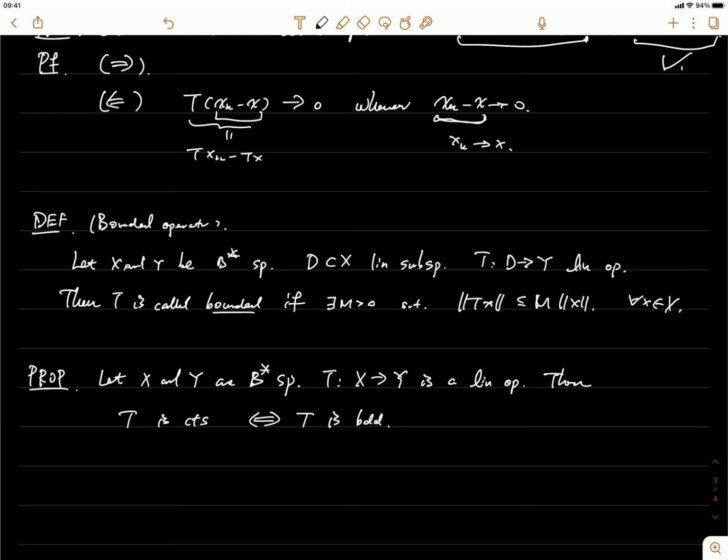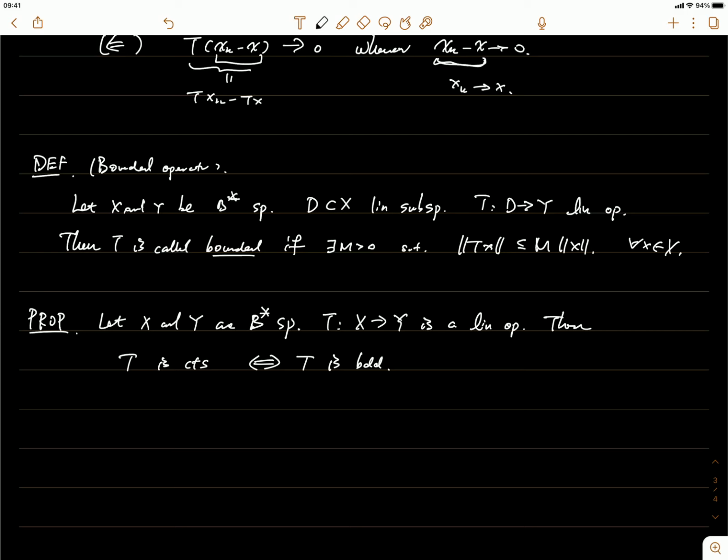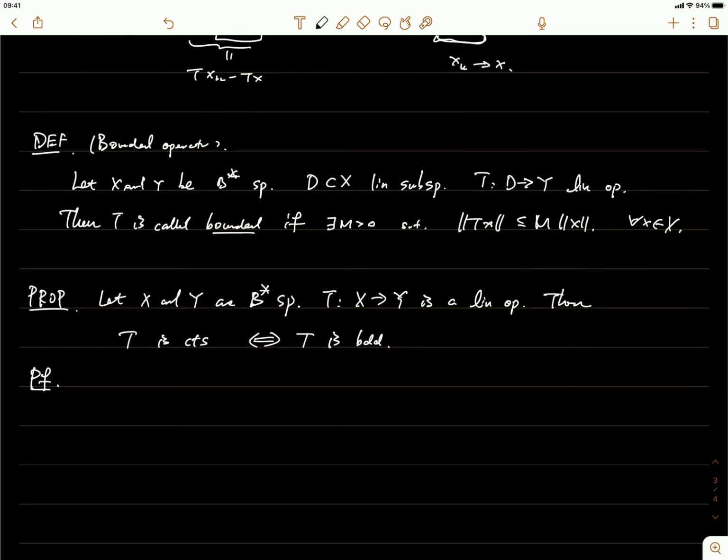And I also said that T is continuous if and only if it's continuous at point 0. But this establishes an equivalency between continuity and boundedness. They are actually the same thing for linear operators. Why is that? On the one side, suppose T is bounded. Then when xk minus x goes to 0, T of xk minus x equals Txk minus Tx, since T is linear.